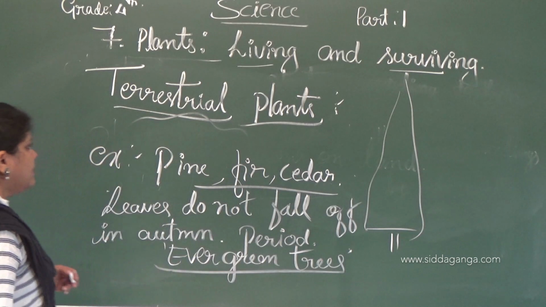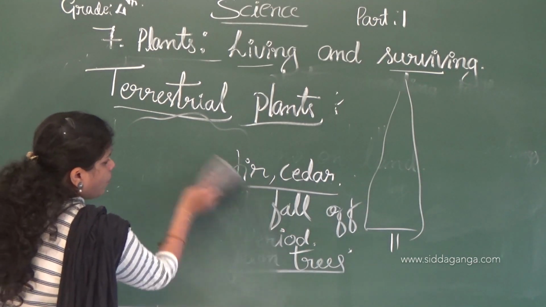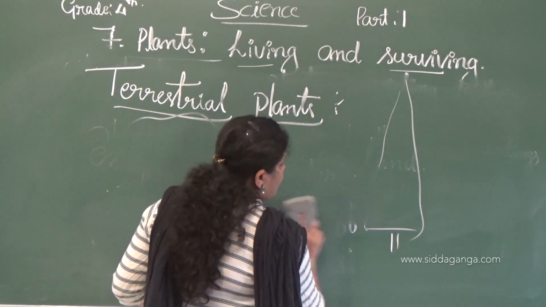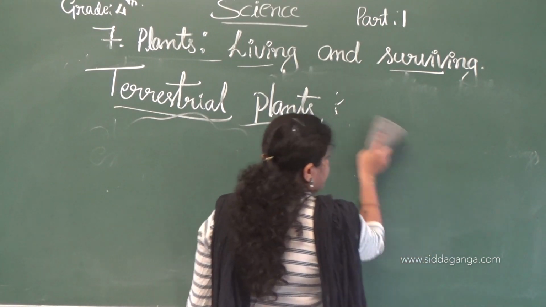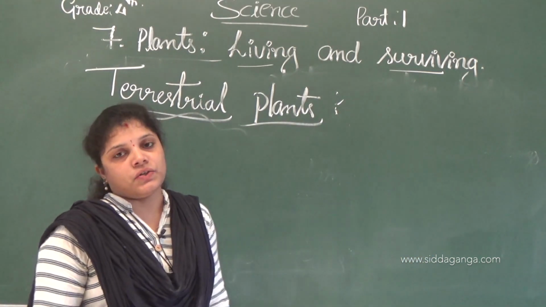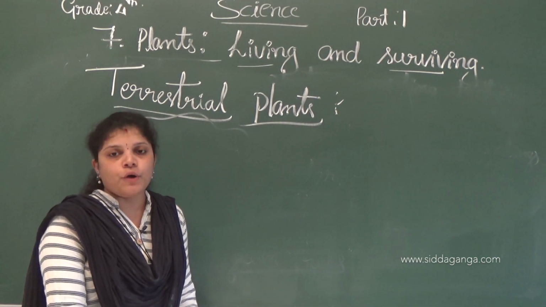Okay, yes, right. See, normally in hilly areas we find tall, long trees. There are no branches in these trees, and the leaves are cone or needle-like in structure, and these trees do not fall off their leaves in autumn period.